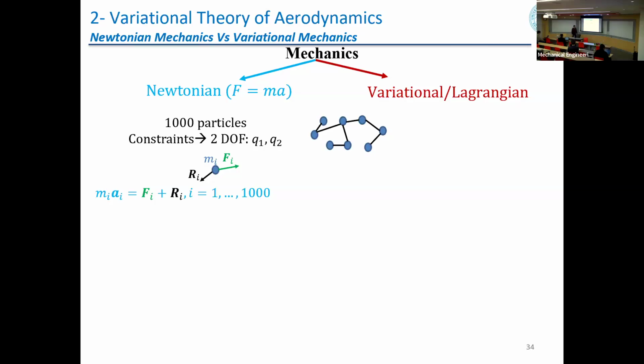Because we will have to mathematically manipulate all these 3,000 equations to arrive at 2 equations only, because at the end of the day, I have 2 degrees of freedom. And there is no other way in Newtonian mechanics to solve this problem without writing down 3,000 equations of motion. There is no way. This is how Newtonian mechanics works. And this approach for a continuum of fluid particles gives you a partial differential equation, Euler or Navier-Stokes.